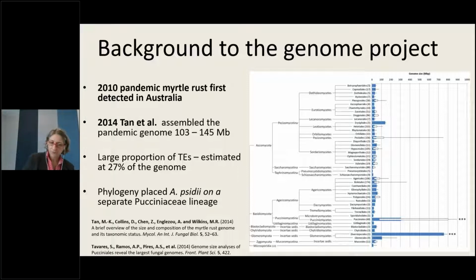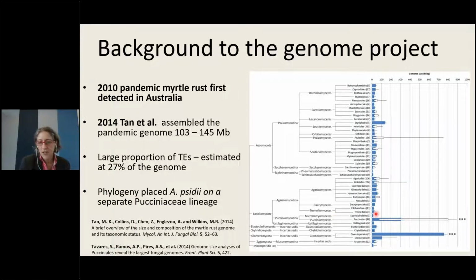We now know that estimation is incorrect. But they did determine a large proportion of transposable elements, around 27% of the genome, and they also placed the phylogeny of Austropuccinia psidii on the separate Pucciniaceae lineage. And you can see their estimation, so I'm just going to get a highlighter.